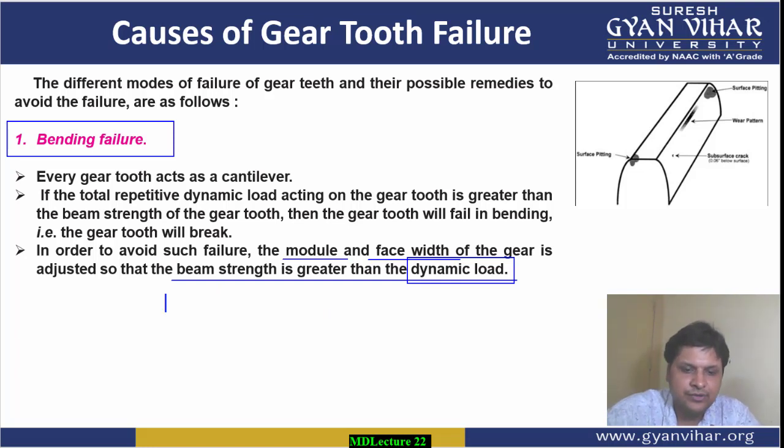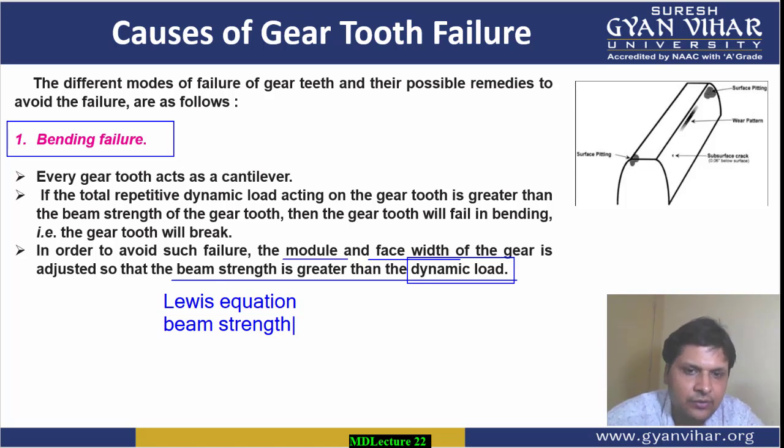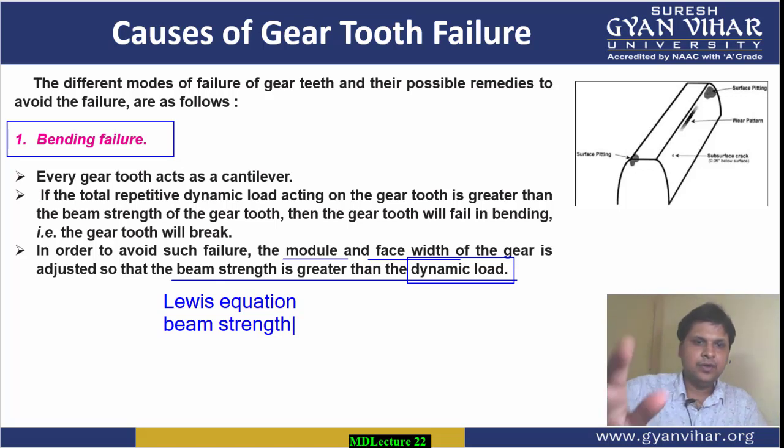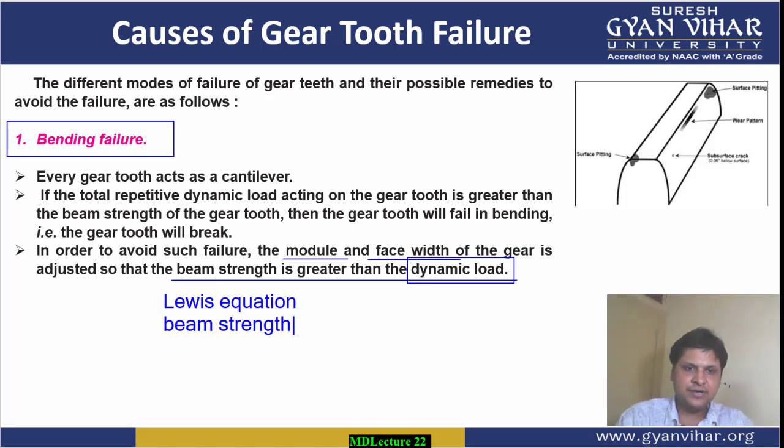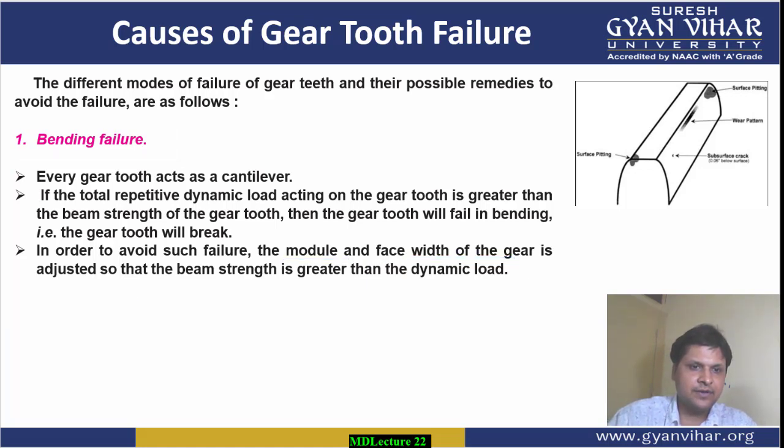From the Lewis equation, students, the value which we use to calculate the beam strength is checked for dynamic loading. So in this way, the strength of the tooth should be greater than the dynamic load. So this was the first failure, which is known as the bending failure, students.